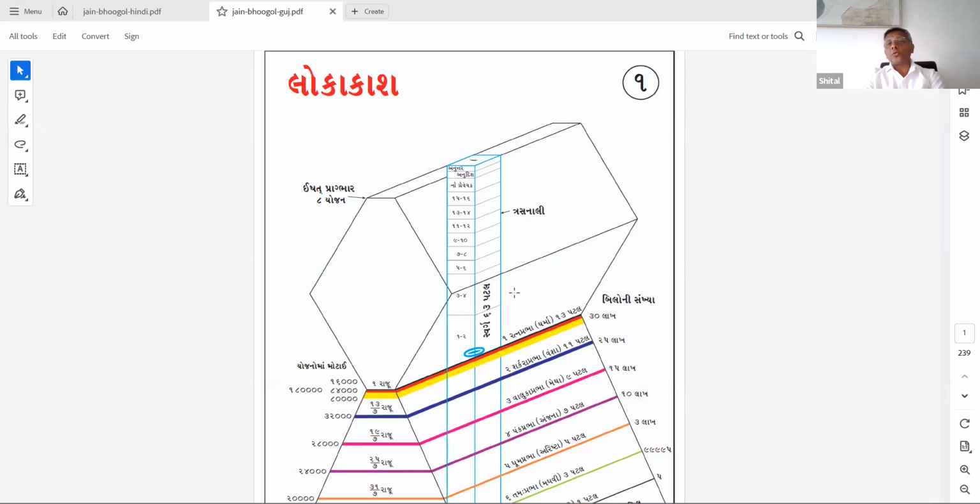This shows how rare being a human is, because the proportion of humans compared to the rest of the souls is extremely low.